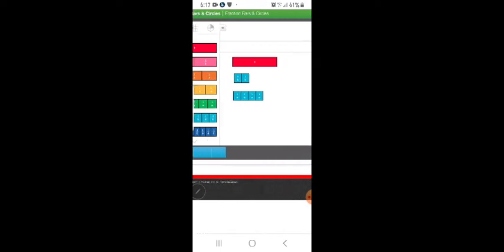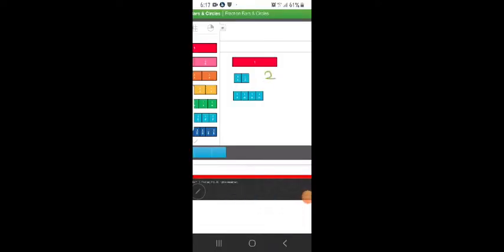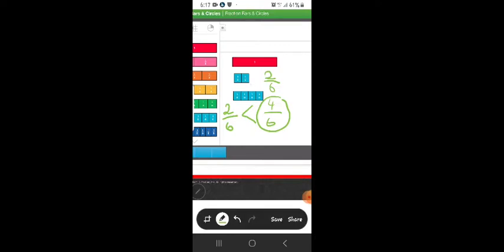Who having more? 2/6 or 4/6? So, as you can see, which one is more? Of course, 4/6 is more. So the alligator will open the mouth to the 4/6 because 4/6 is more. Okay?